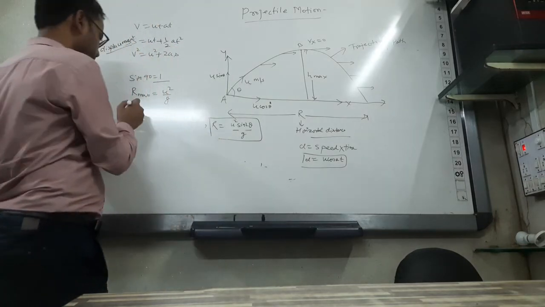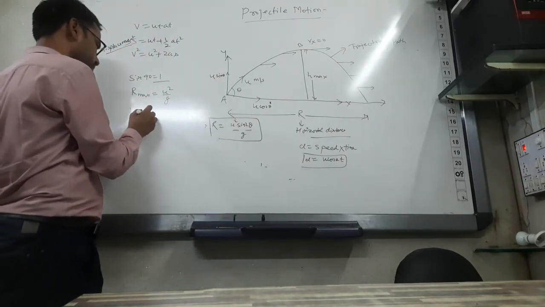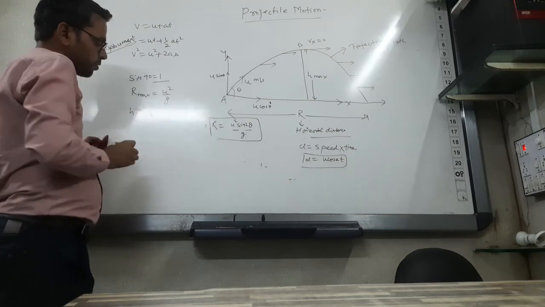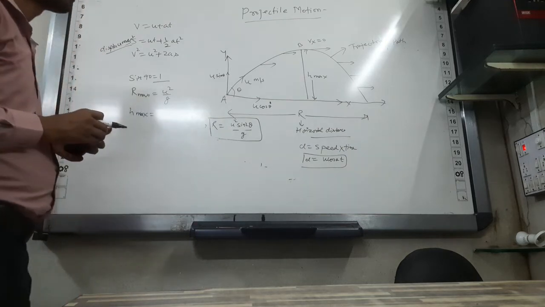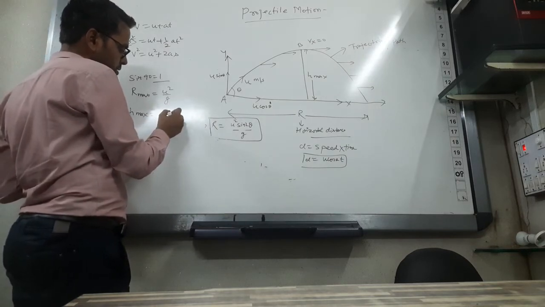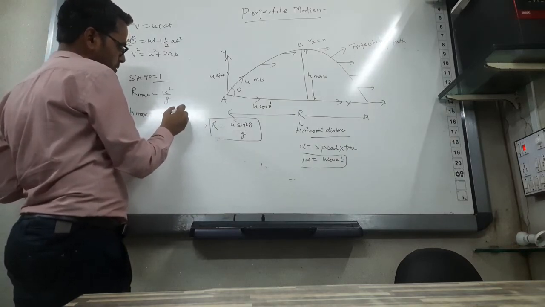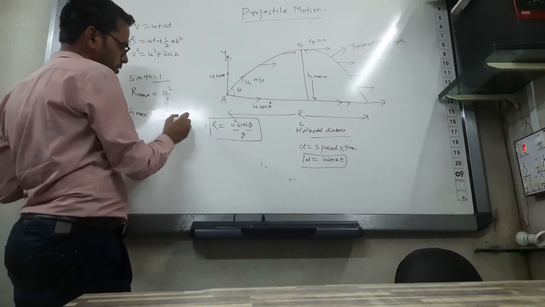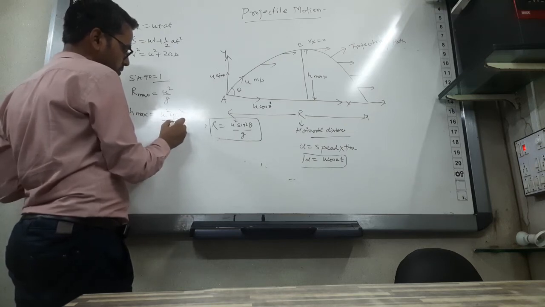And h maximum equal to u square sin square theta over 2g.